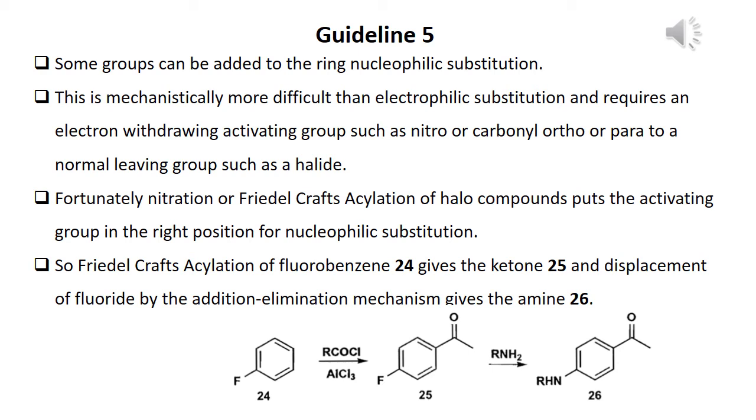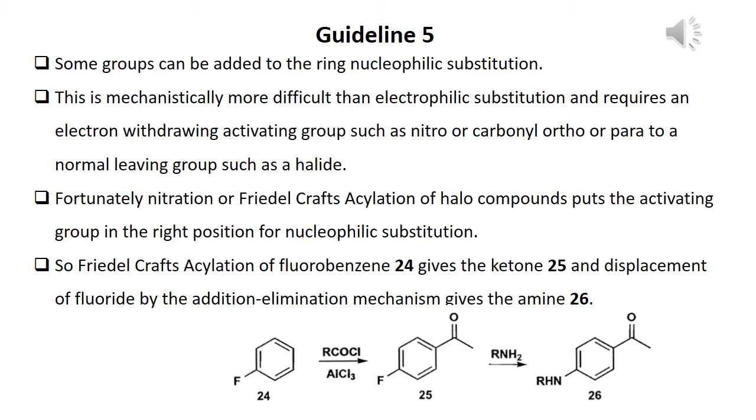It means that we need to add some of the substituents to the ring with the help of nucleophilic substitution. For the nucleophilic substitution, first we need some electron withdrawing group attached to the ring, an activating group such as nitro or carbonyl, ortho and para to the normal leaving group, a halide.